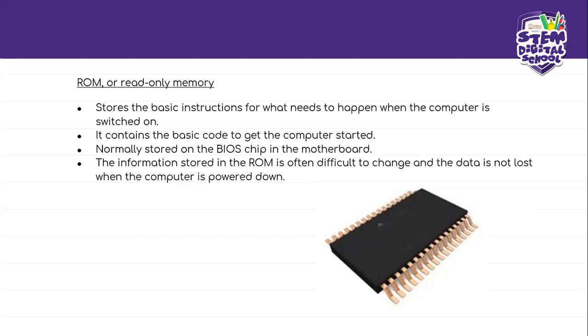But with ROM, it is difficult to change the data, and the data is not lost when the computer is powered down. So even if you shut the computer down, everything that is in the ROM is not changed or lost. It becomes stored.